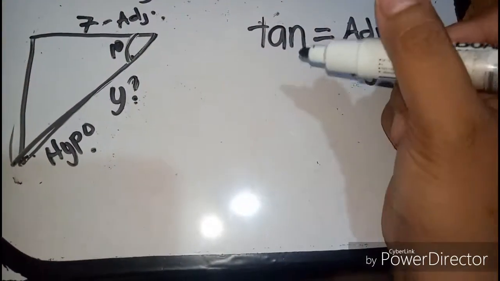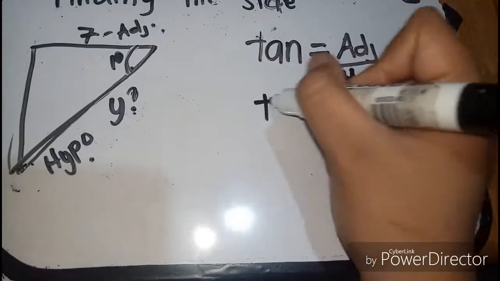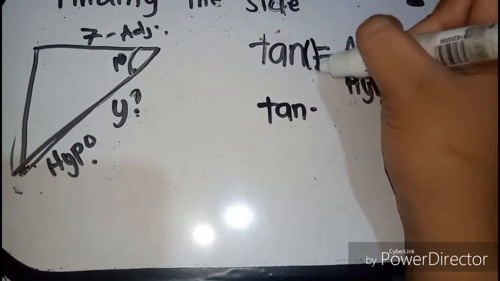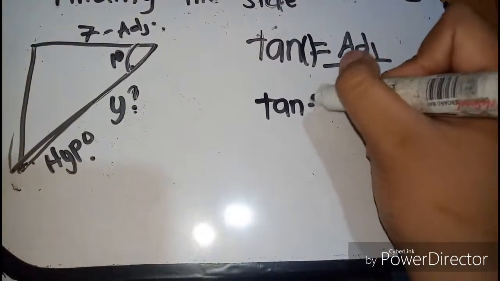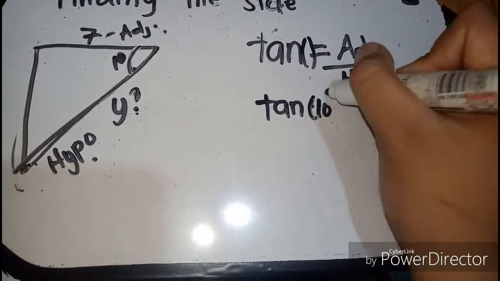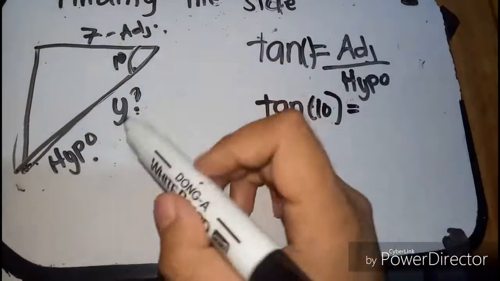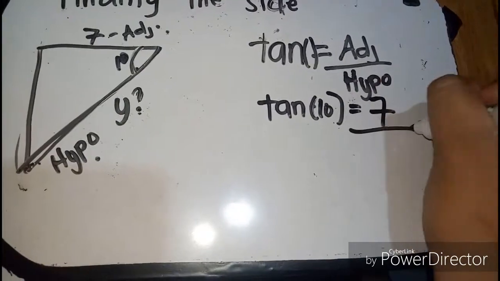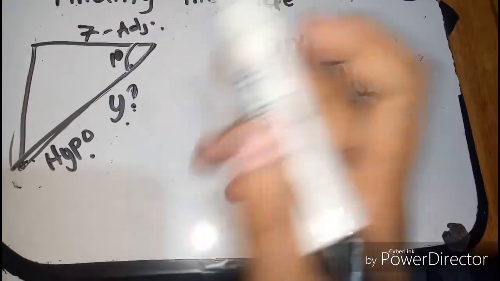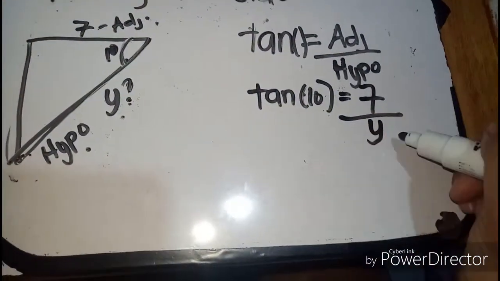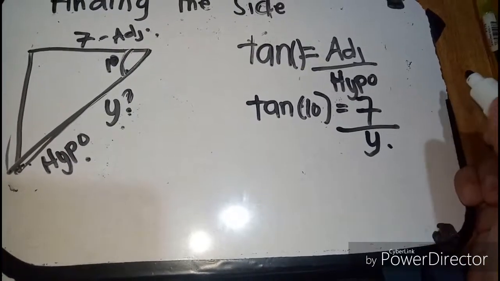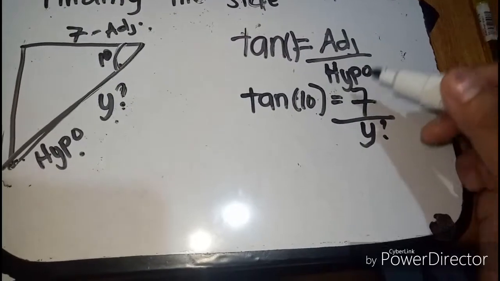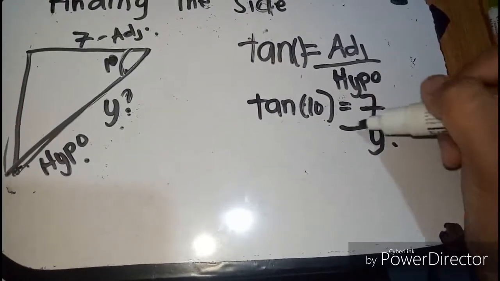Then it equals the value of the adjacent, 7, over our unknown, y. We're looking for the y, our unknown, so we will rearrange it to find the y.